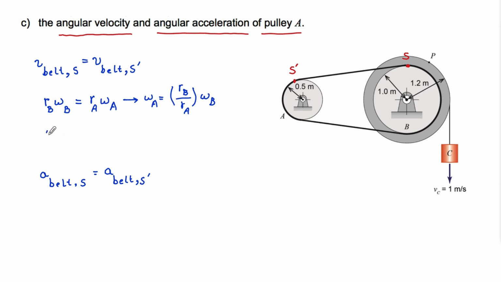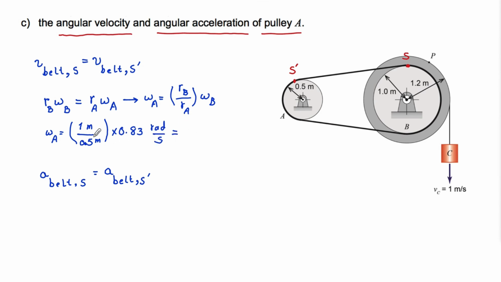So omega A will be, for RB we have 1 meter, for RA we have 0.5 meters, and for omega B we found 0.83 radians per second.